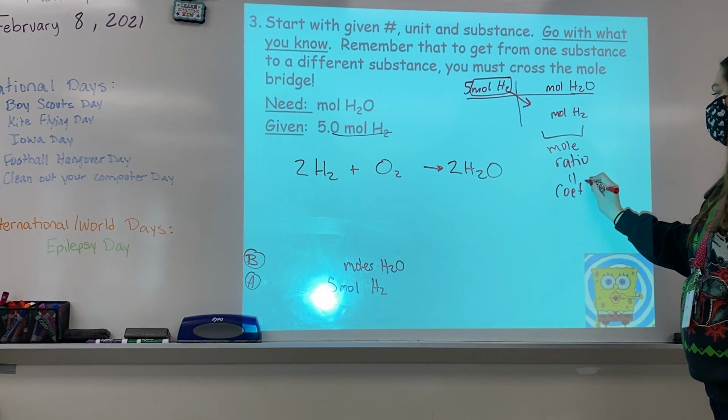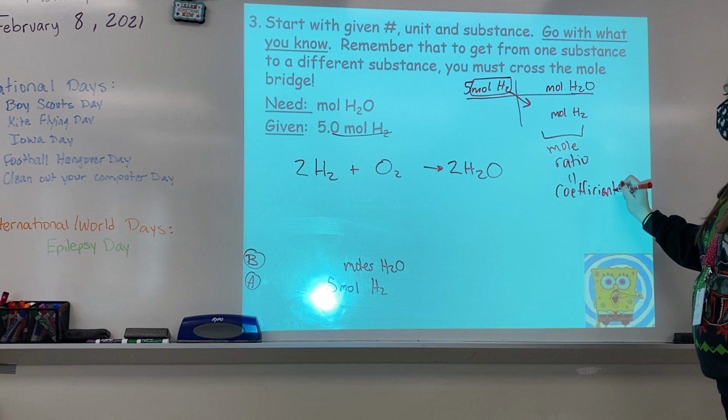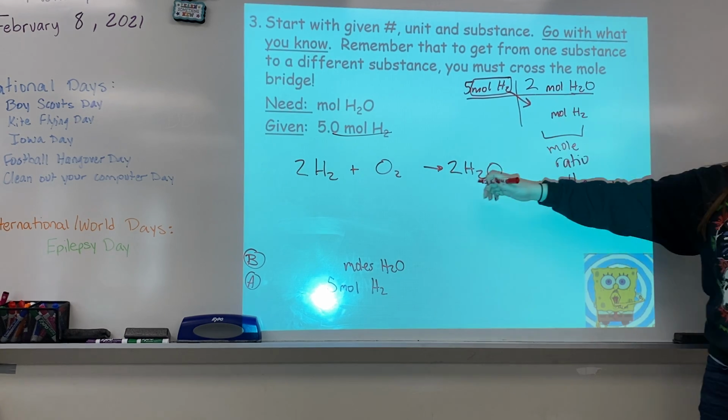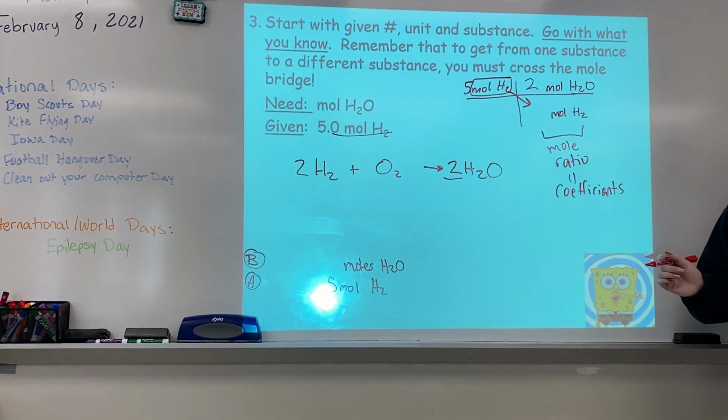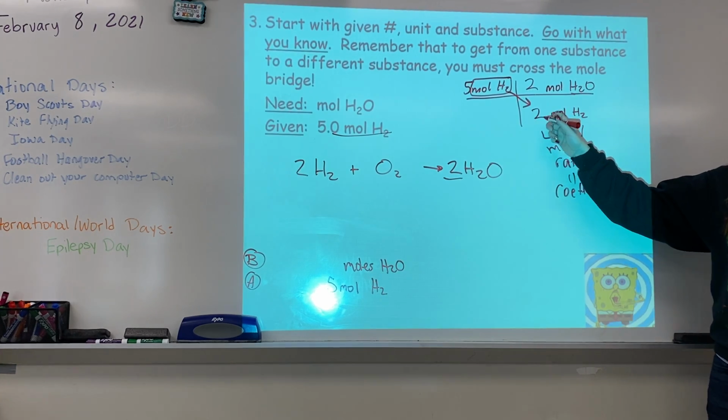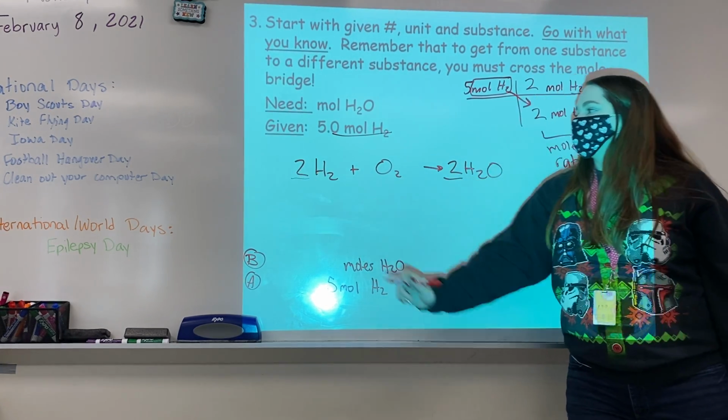Coefficients. So what number am I going to write here? I'm going to write a 2 here because my 2 is in front of my H2O. And what am I going to write here? Also a 2 because there's also a 2 in front of my H2.